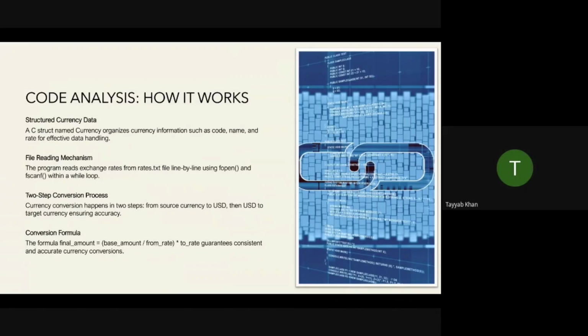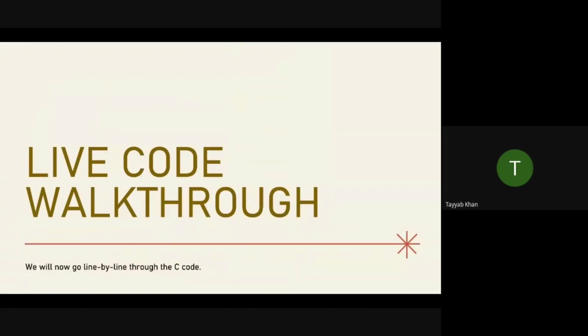We use the two-step conversion process we just mentioned, the base USD logic, and the formula is: final amount equals base amount divided by from rate, multiplied by to rate. Now let's go to the live code walkthrough.